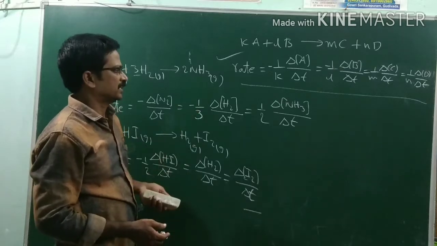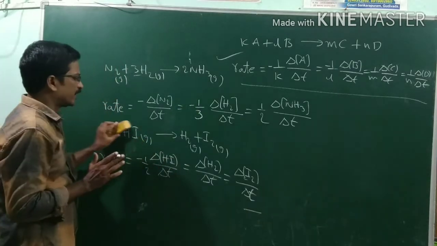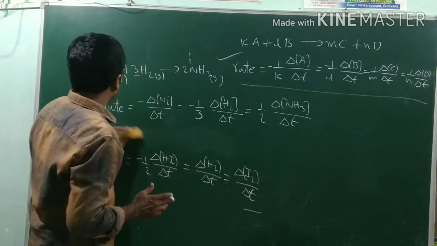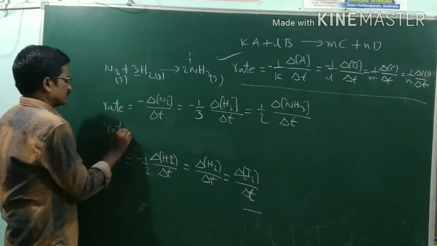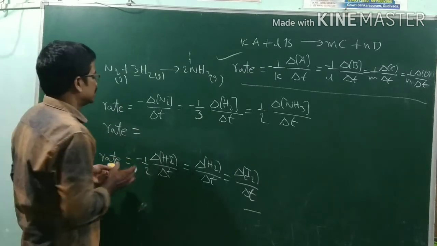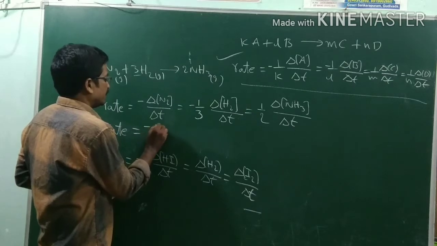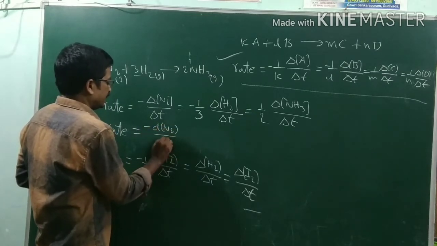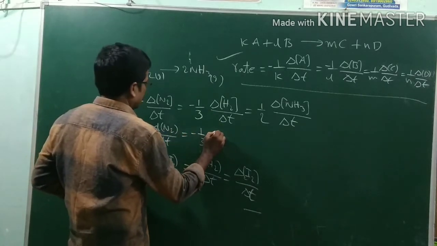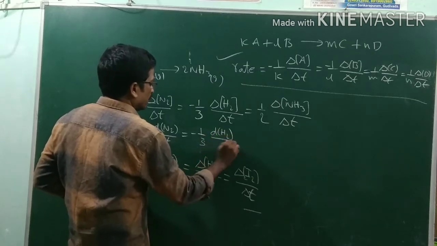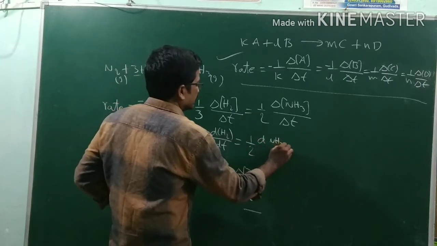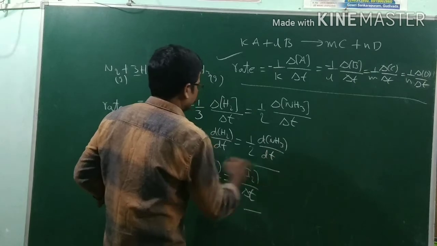You may also represent the rate of reaction like this: minus dN2 by dt, minus 1 by 3 dH2 by dt, and 1 by 2 dNH3 by dt.